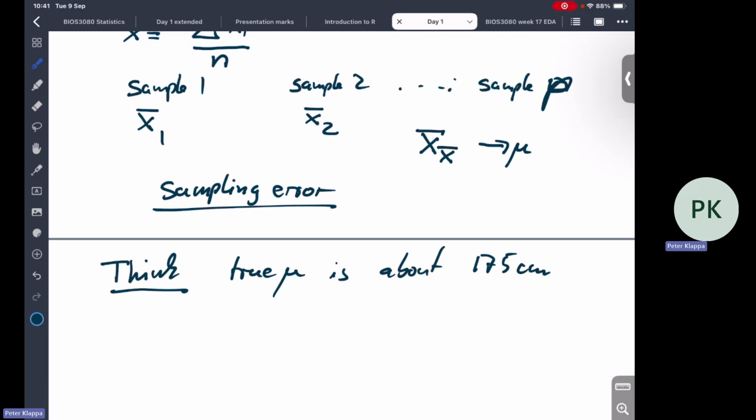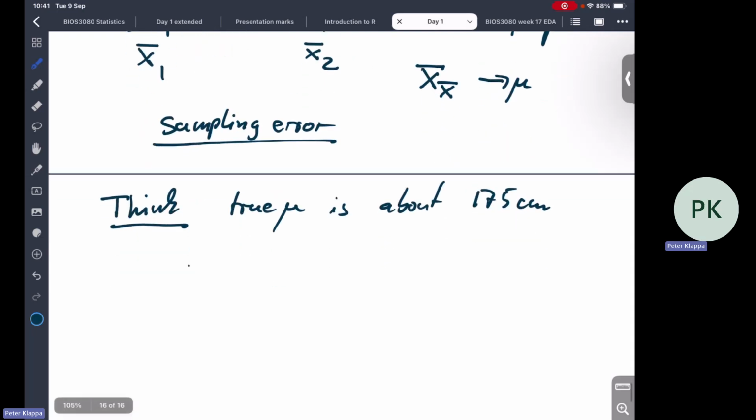That's our best guess. How do we express this? We can simply say mu equals 175 centimeters plus minus a bit.